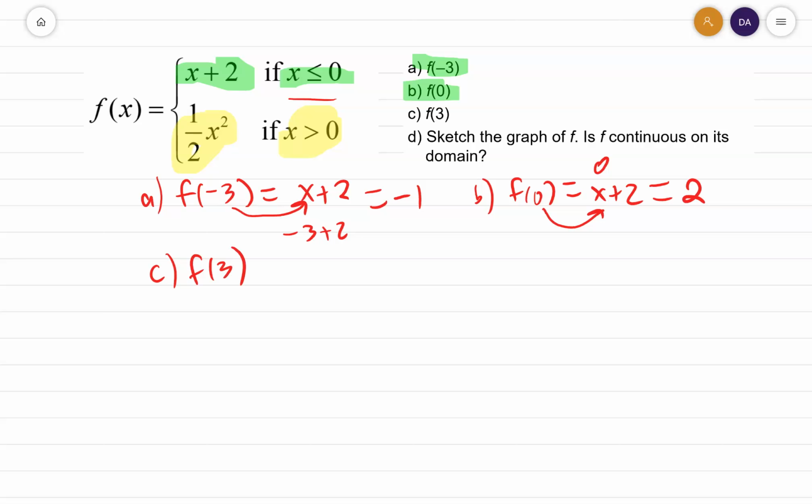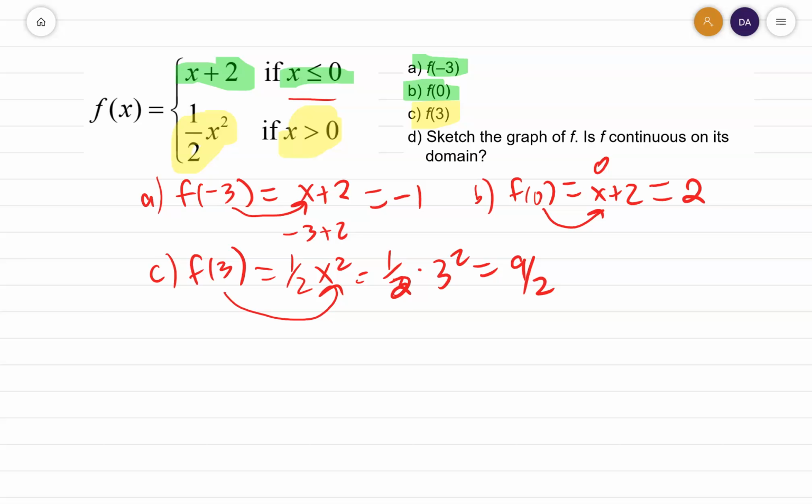Well, this time 3 is greater than 0, so we use the 1/2 x squared. I don't plug it into both, we only plug it into one or the other, depending on if it meets these requirements. So 1/2 times 3 squared, 1/2 times 9, is 9/2.